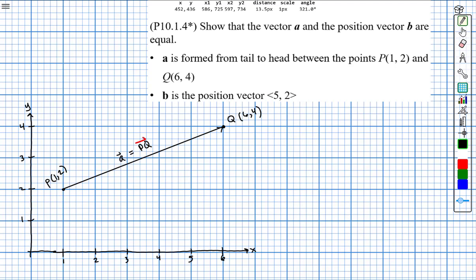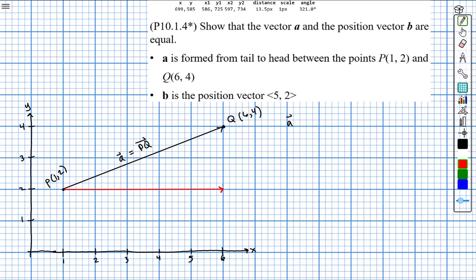Now, if we look at this from our graph, we could just count how many divisions we are along the x-axis for our vector A. The x component of vector A goes out 5 divisions, 1, 2, 3, 4, 5. So the x component of vector A is 5 units along the x-axis.